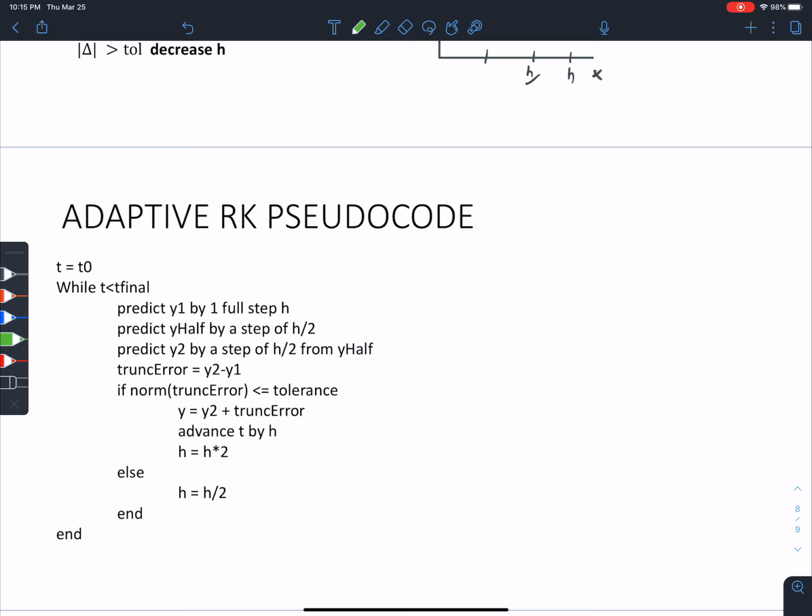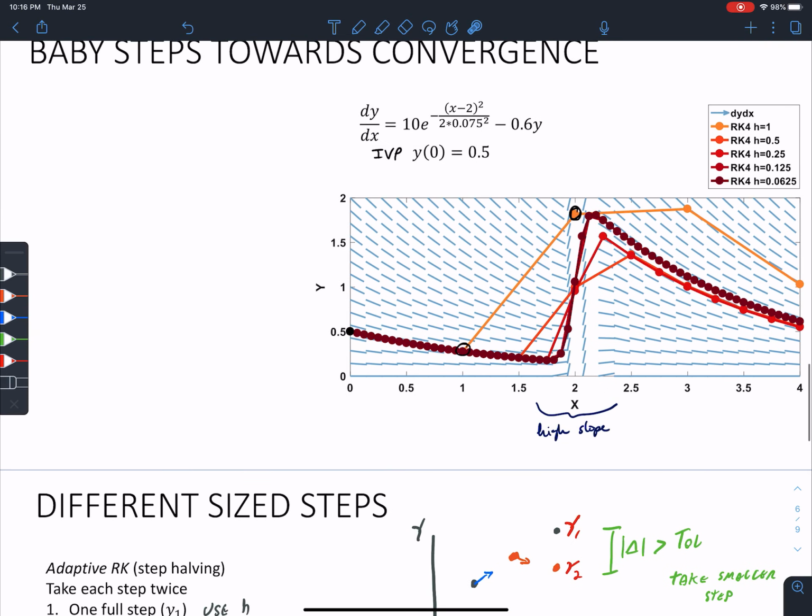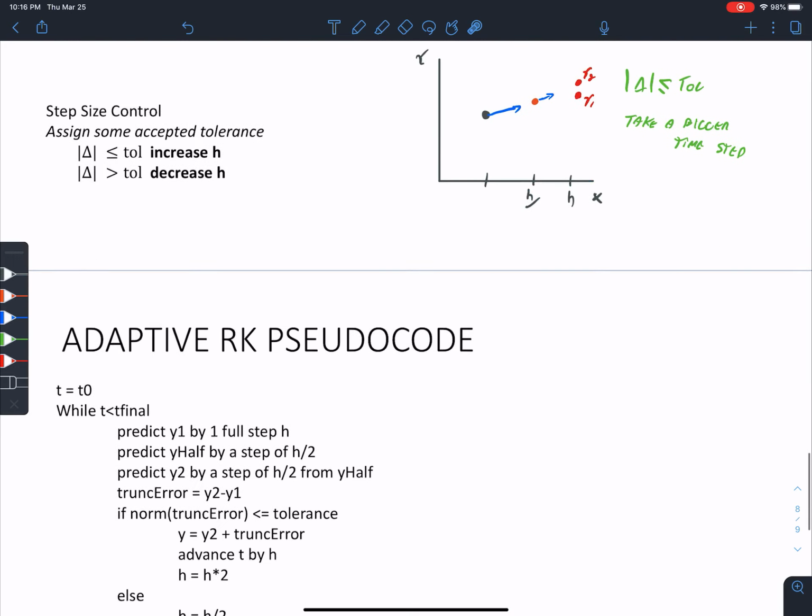So if you try to code this, you start with your initial time, and you solve for the time variable up until some final time that you decide, right? In this case, we decided that the final time was, let's say, between 0 and 4. Of course, we use the variable x here and not time, but we are just speaking generically.